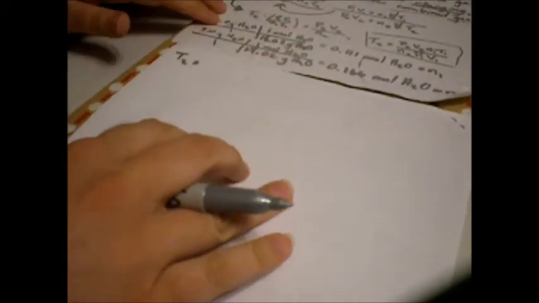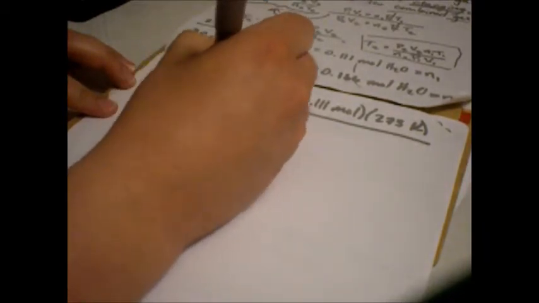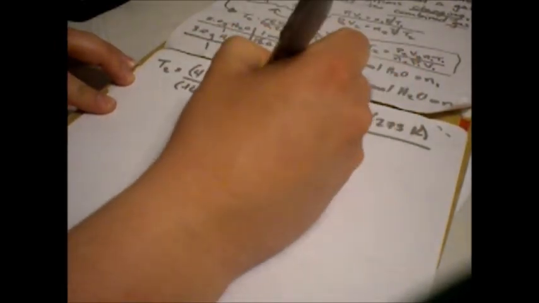But anyway, T2 equals P2, which was 4 atmospheres, times V2, which is 3 liters, times N1, which was 0.111 moles, times T1, which is 273 Kelvin, divided by N2, which is 0.166 moles, times P1, which is 1 atmosphere, times V1, which was 1 liter.